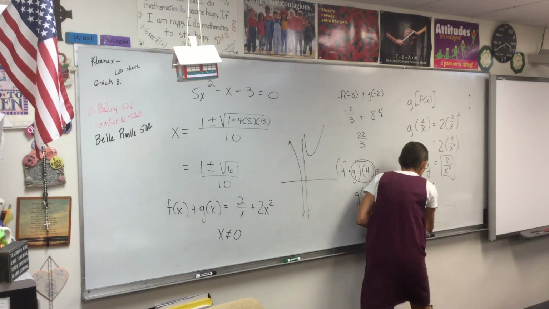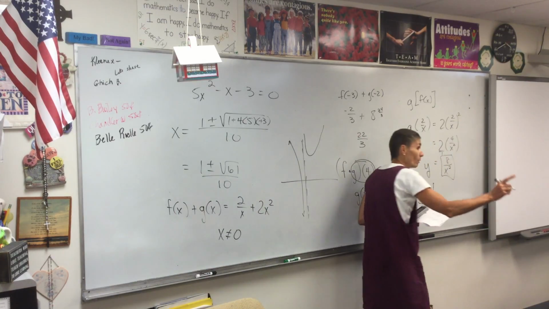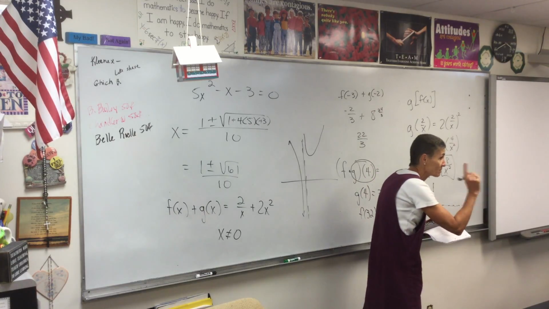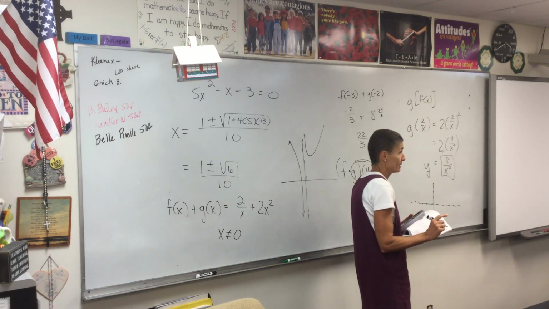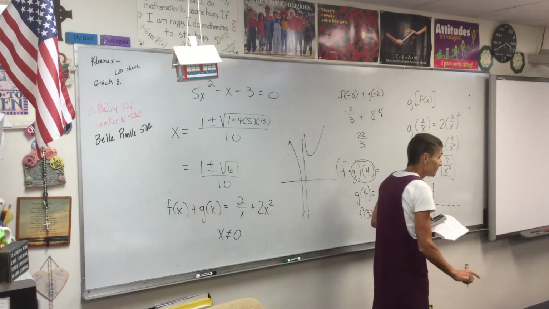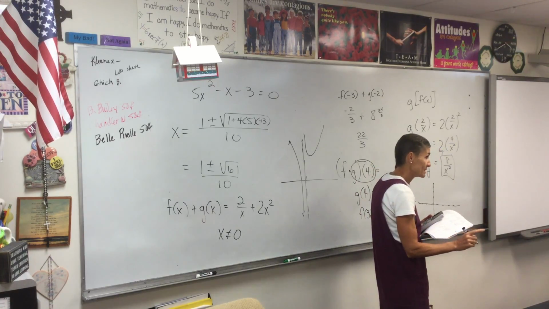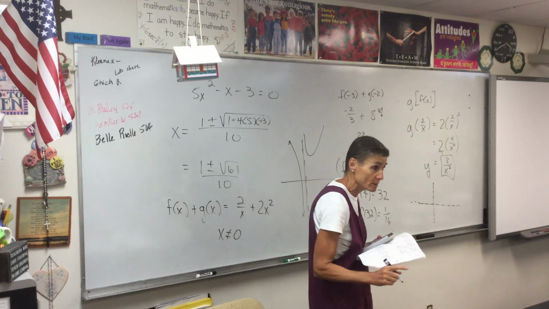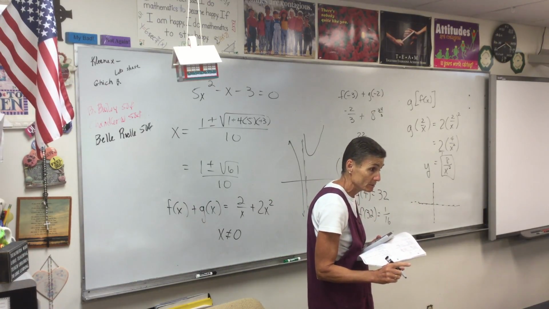You've got a horizontal asymptote at 0, and before you say, how do you know that, where's the biggest power in the problem? In the denominator, and I've said it like 15 times today, when the big power is in the bottom, the horizontal asymptote is always going to be at 0.